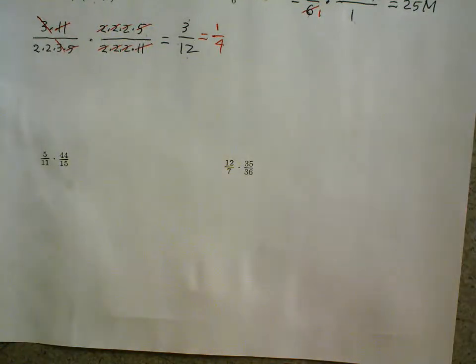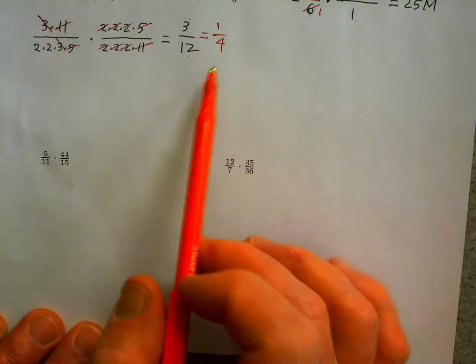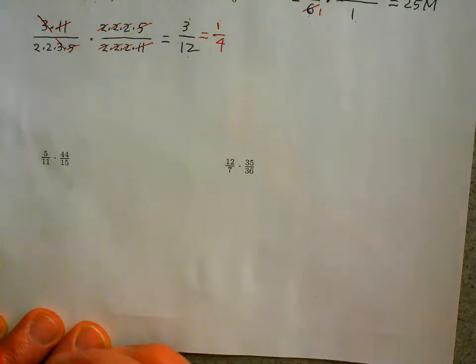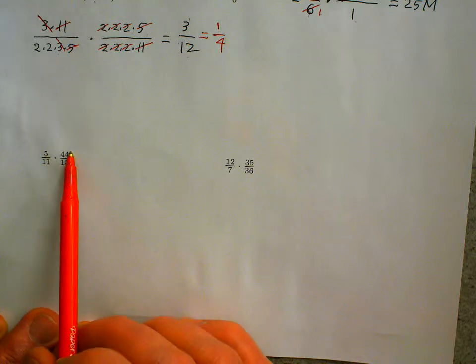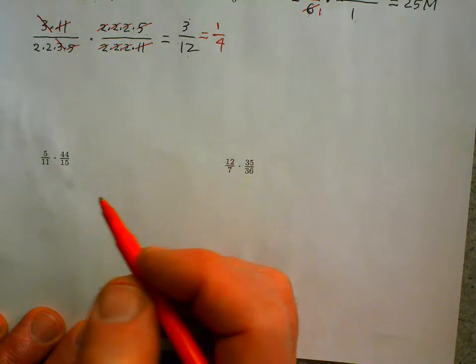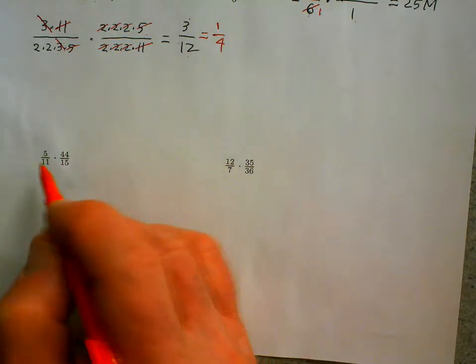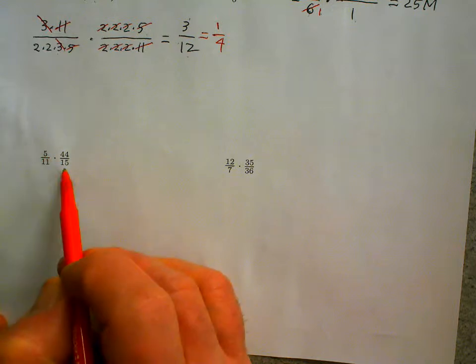Okay, in this next product, let's use this shortcut method that I alluded to last time. So 5 over 11 times 44 over 5. So we notice this numerator 5 has a factor of 5. This denominator 15 is 3 times 5.